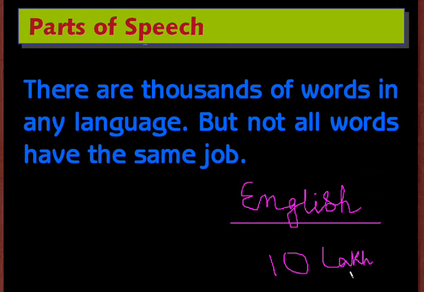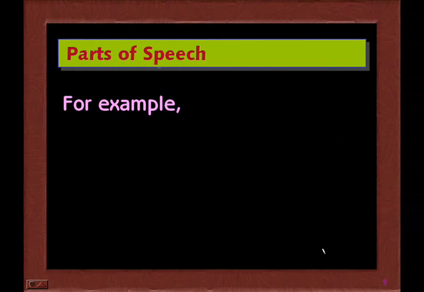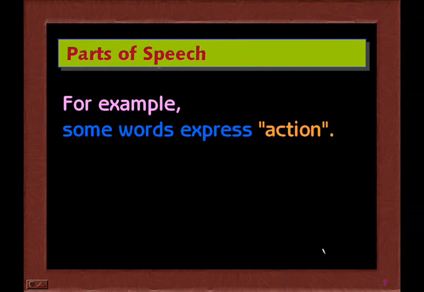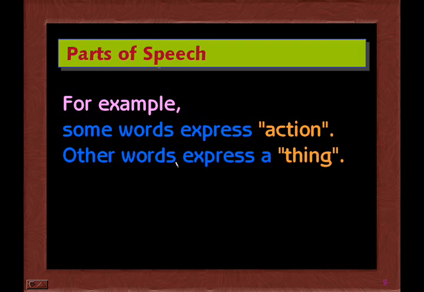Each word will have its own nature of work. All the words will not do the same job. For example, some words express action. Action is a work. What work is done? Other words express a thing.